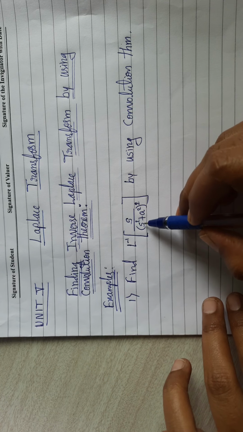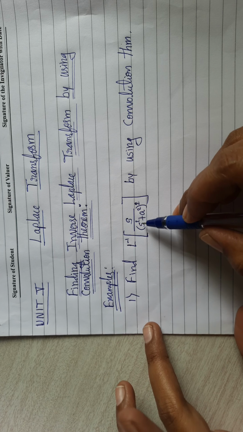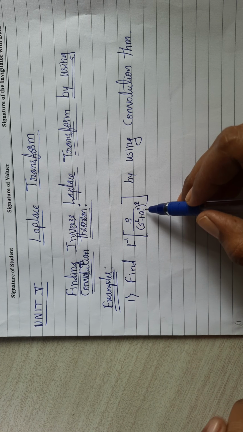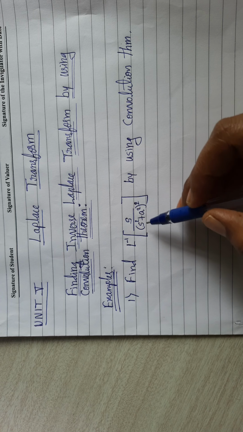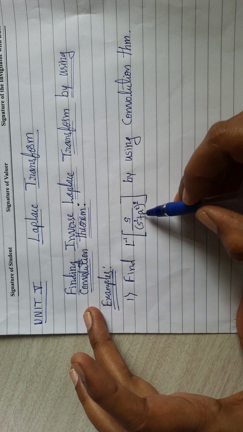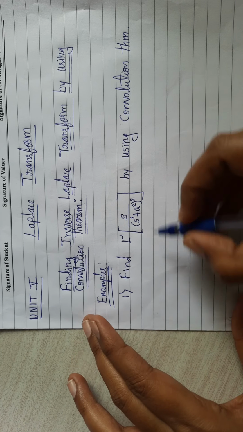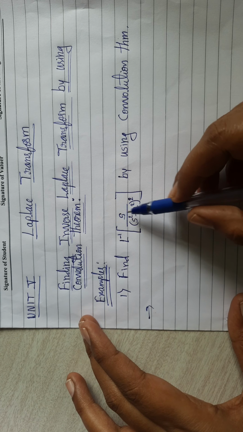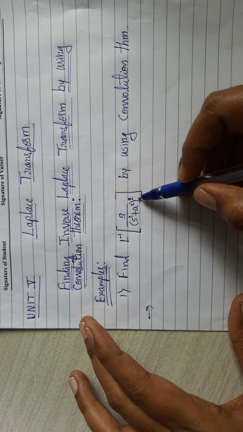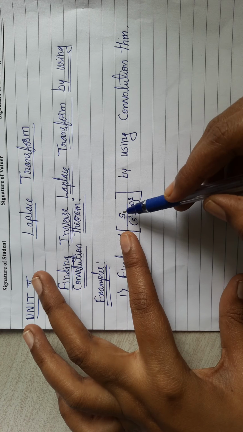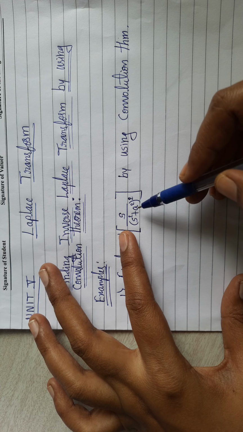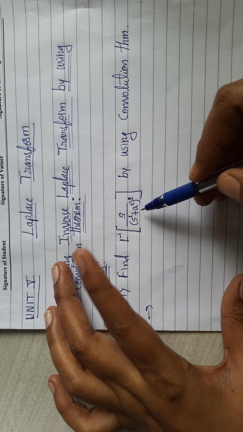If they are given directly in the form of a product, you can choose one as f of s and the other as g of s. If not given in the form of a product, you have to split and take it as the product of two functions. So s by (s square plus a square) whole square is there. You split and take one as s by s square plus a square, another as only 1 divided by s square plus a square.